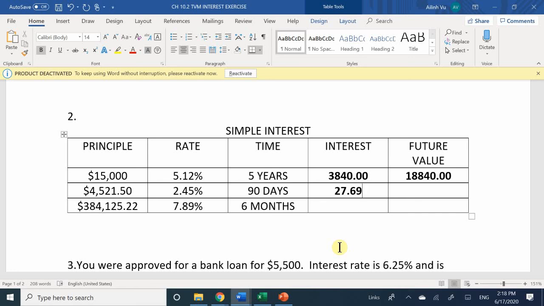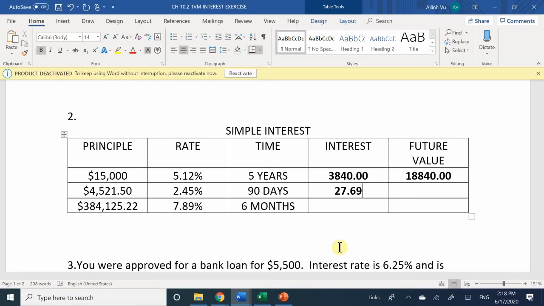So a quarter is 0.25. I get $27.69. Okay, I did it twice. David, are you following along?